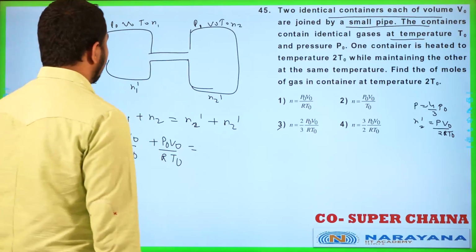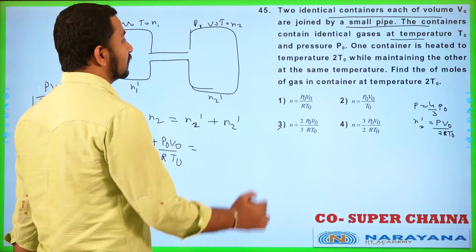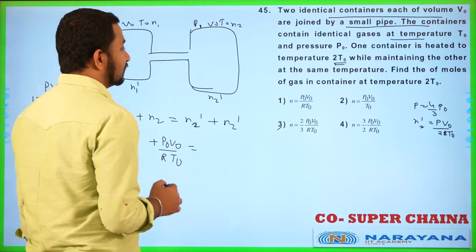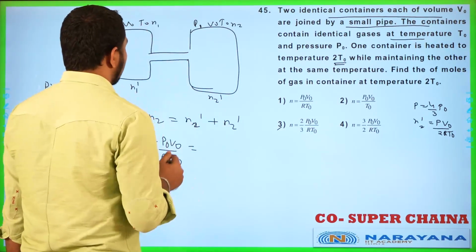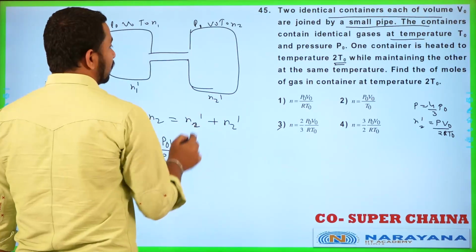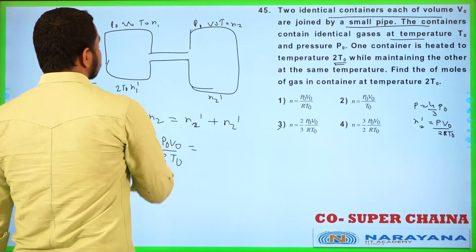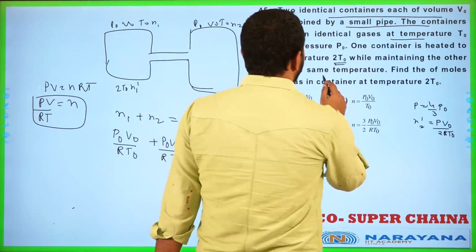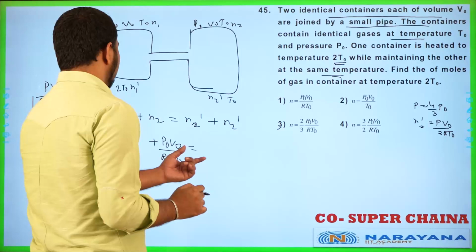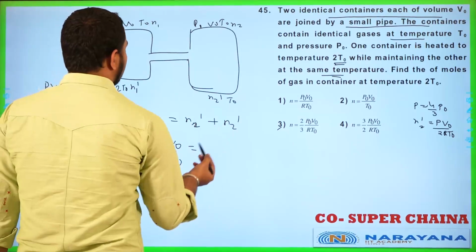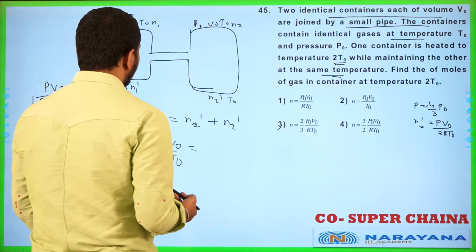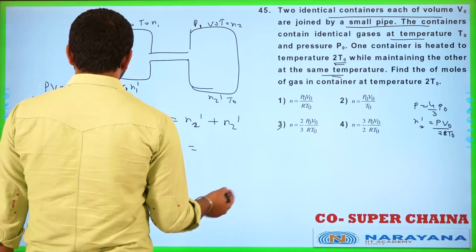Now let's take that the first container is heated to a temperature 2 T naught, while maintaining the other at the same temperature T naught only. So what change will it make?